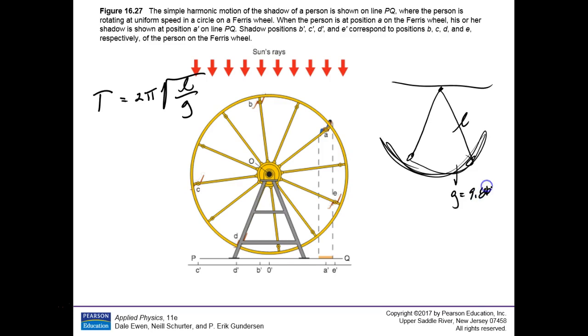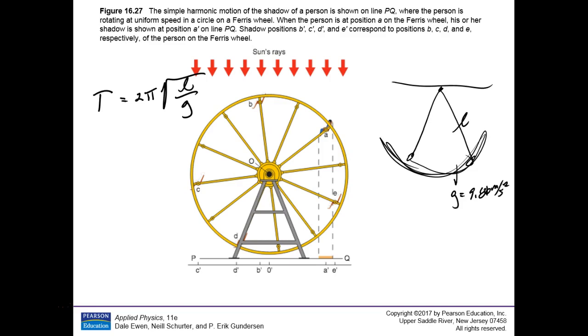T is the period, usually in seconds. L is the length of the pendulum. It could be either meters or feet.